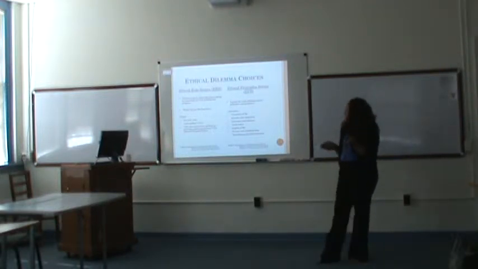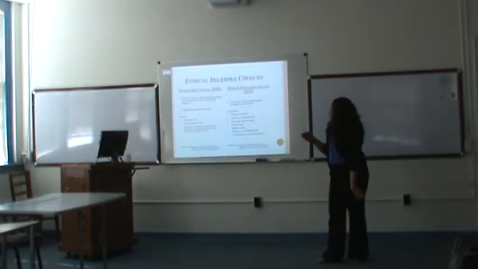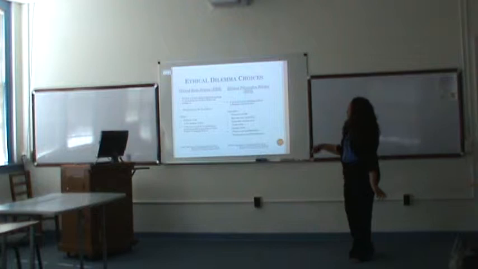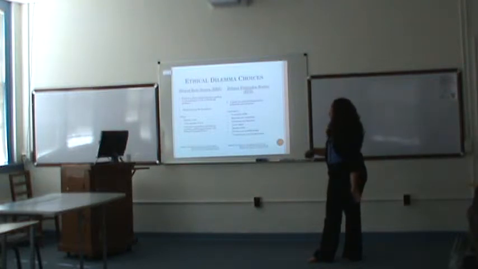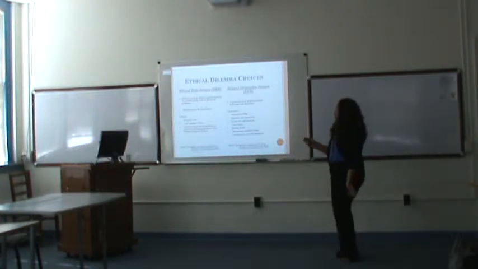There are 3 steps for this screen. The first one is examine the code. The second one is if the code applies, then use it. And the third one is if the code does not address the problem or provides conflicting guidance, that's when you use the ethical principles screen.